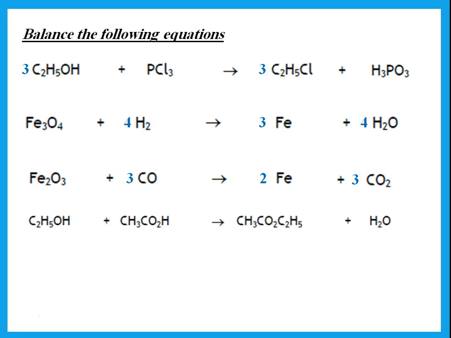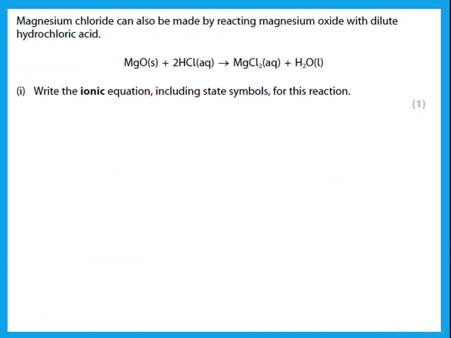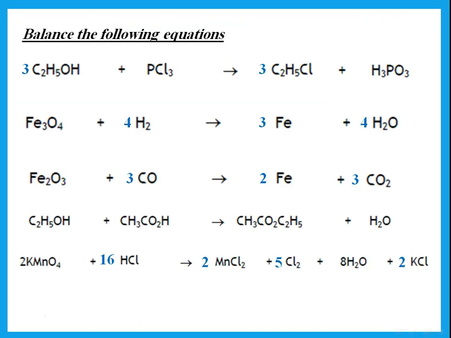You keep increasing the one that is less until it's balanced. Okay, this one, if you check, you'll find that it is already balanced. We don't need to do anything to it. Now here, I need 2 potassium before the arrow. So if you sit down and do the balancing, you'll find that you will need to do this. Okay.